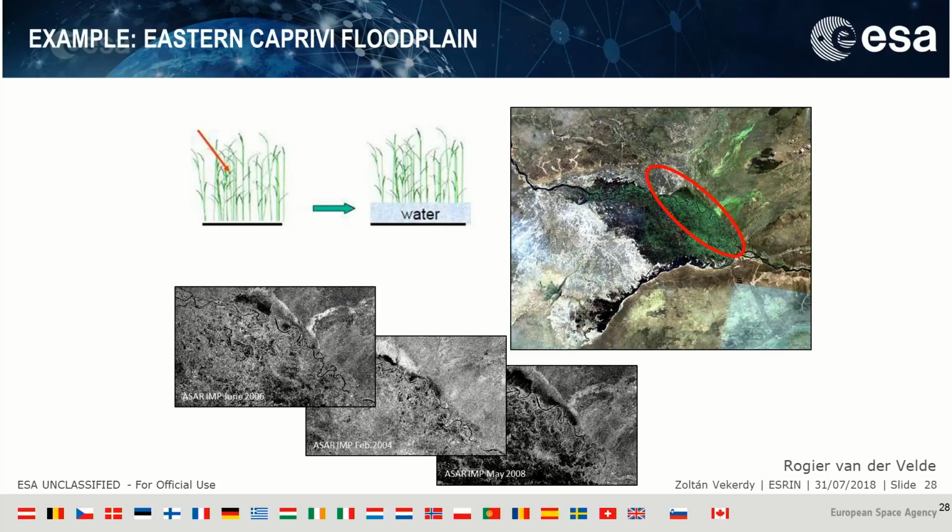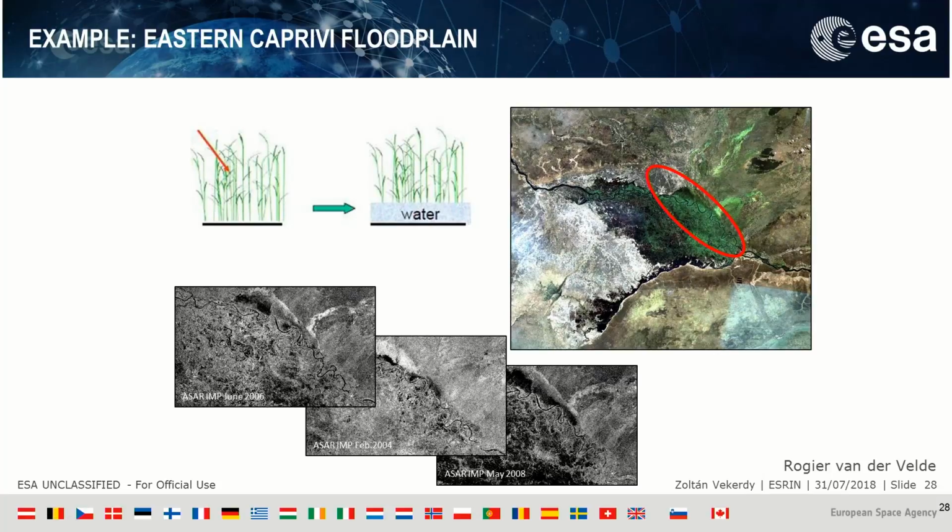The same flood doesn't jump out so much when you have flooded vegetation, but still you get some differences. So here in this time series, and especially here, you see that the flooded vegetation area, which is shown here on the Landsat image with this ellipse, is somewhat different from the non-flooded areas.